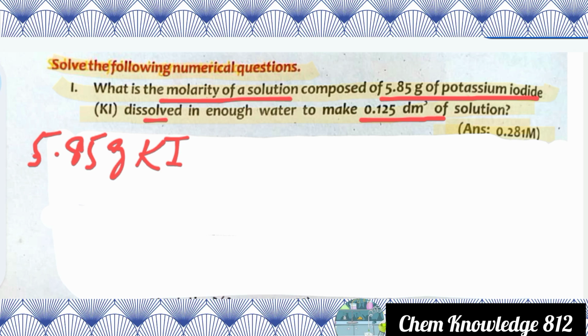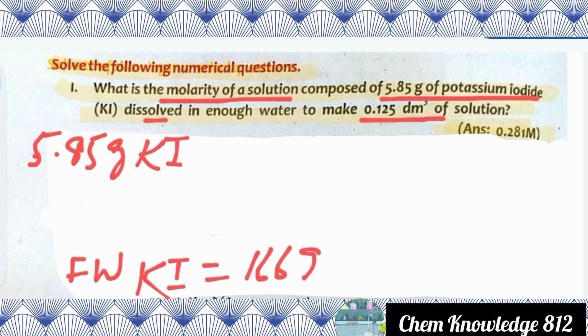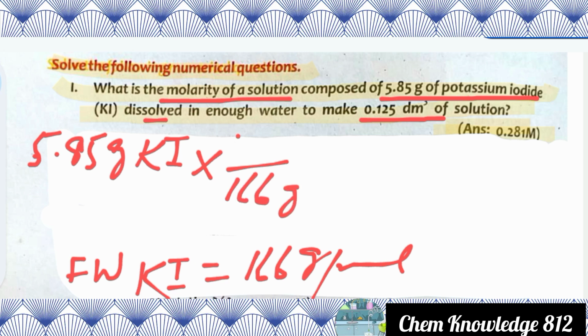The formula weight of potassium iodide is 166 gram per mole. So we write 166 gram per mole of potassium iodide.